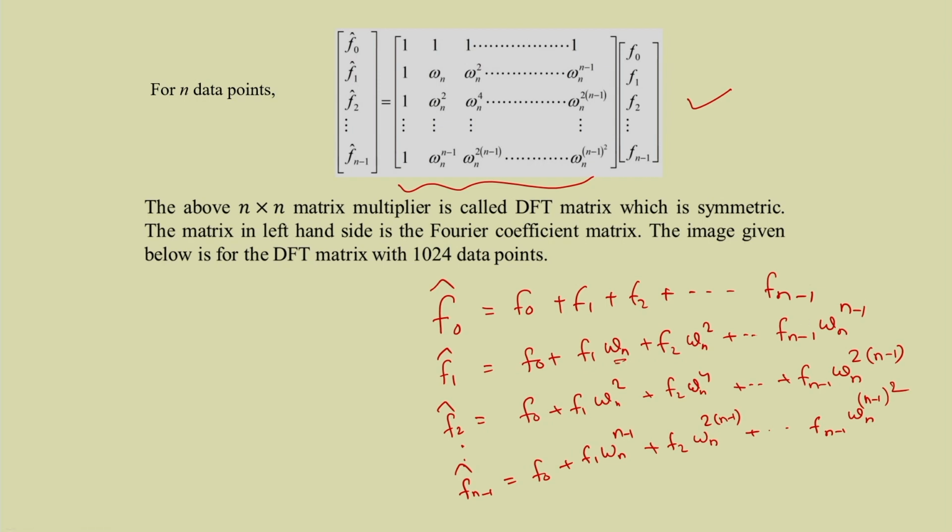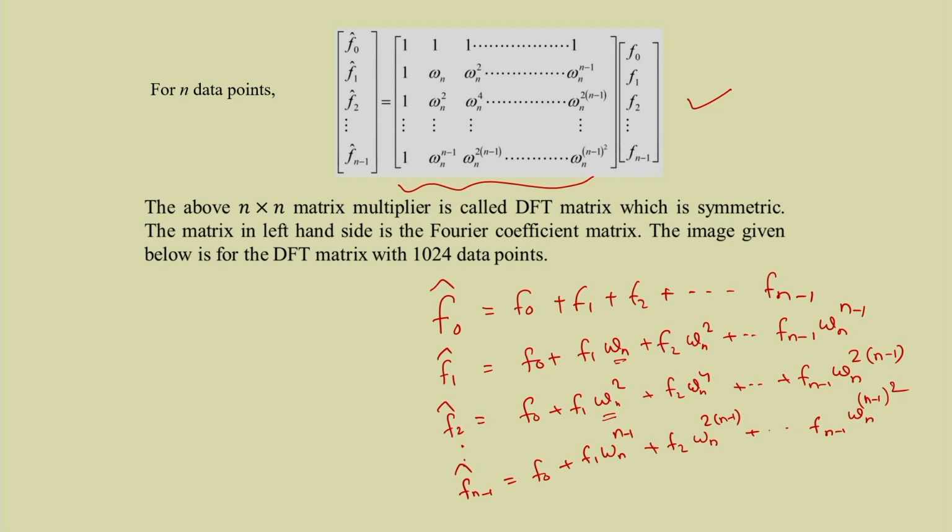In the first column itself everywhere you will have 1, and in the third row it will be 1, omega n square, then the square of this, omega n fourth, then up to omega n square into n minus 1. So, this way you can construct this matrix, which is known as the DFT matrix.